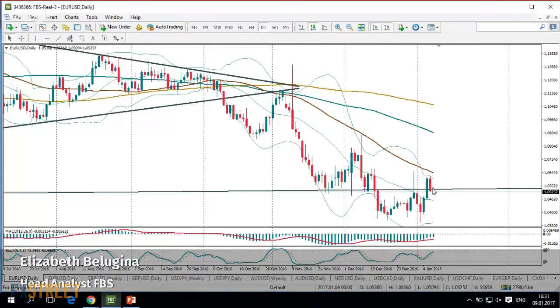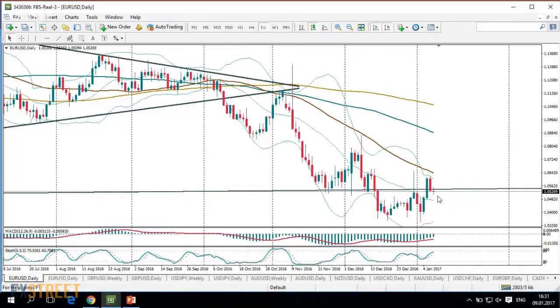So this is why we have this relative stability of the European currency, but on the other hand, there are no bullish drivers for the euro. There is monetary policy divergence between the US Federal Reserve and the European Central Bank. This divergence is in favor of the US dollar, and it prevents the euro dollar from getting higher.